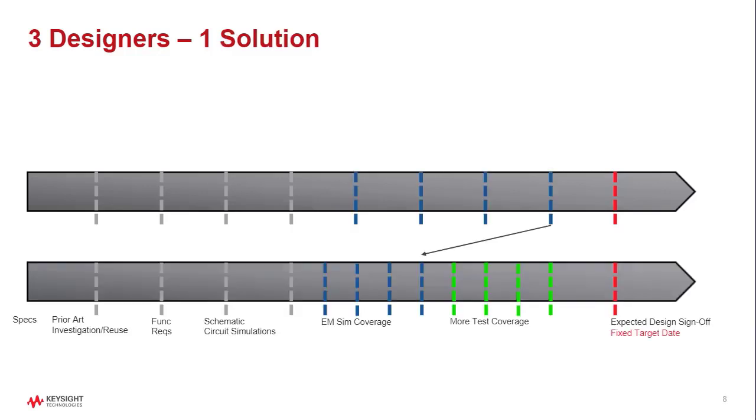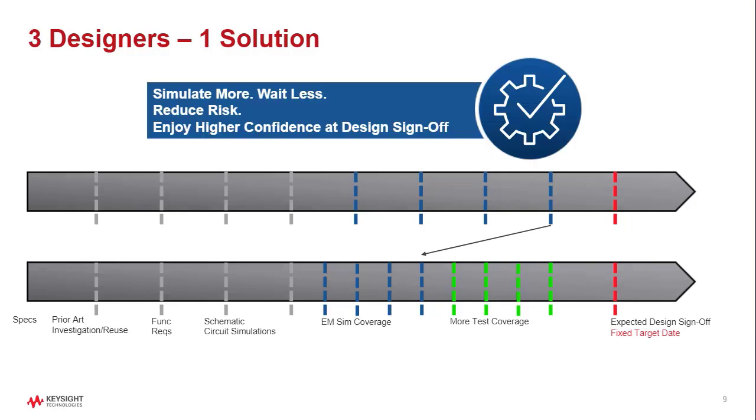So what if we can compress the time that it takes to simulate so that we actually have more time to simulate more, verify more, and worry less? That seems like a very good thing to do. So the outcome of that is you're going to reduce risk, and you're going to enjoy higher confidence at design sign-off, and that's going to be excellent for everybody.